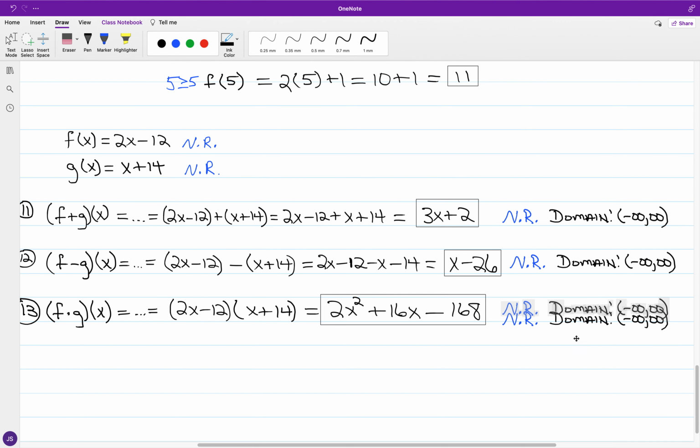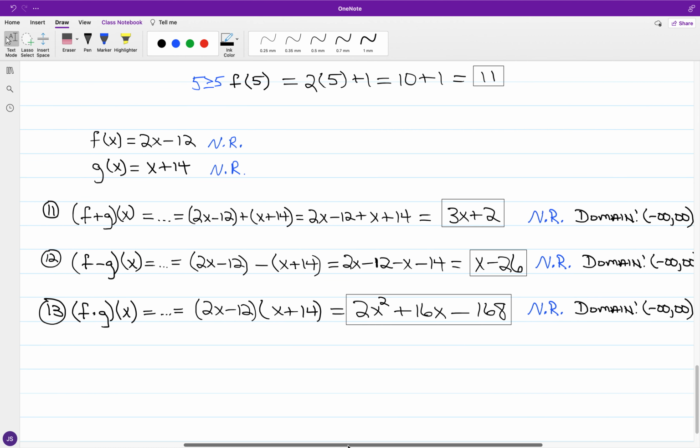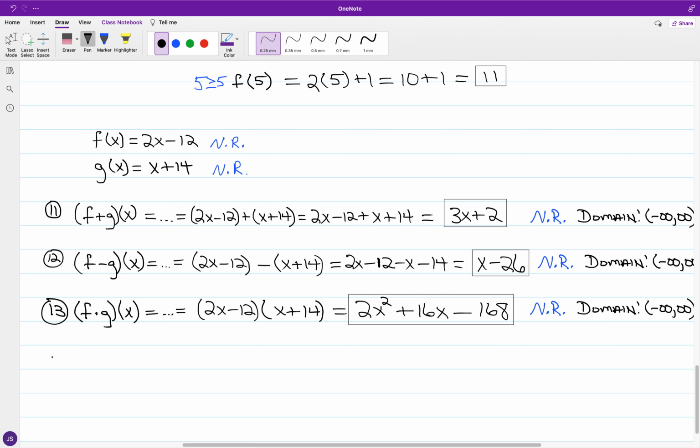Okay, now for what we have in the case of the quotient function, again, we can have a domain that is distinct from that of the sum, difference, and product functions. And the reason for this is now with the g of x.